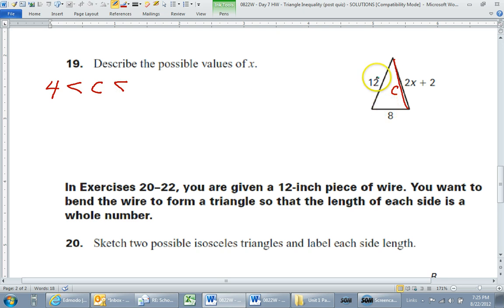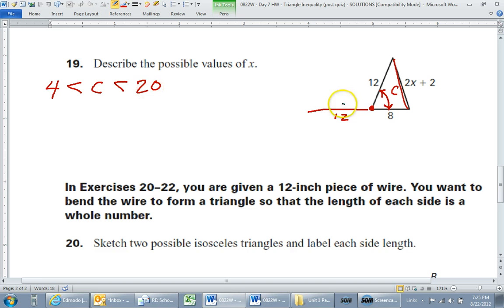For the upper limit, I would add these, because this is like the hinge right here. So imagine opening and closing this. If I closed it, it would make a difference of 4. If I opened it wide open, if this 12 was stretched out like this instead, I'd have 8 plus 12, so that's 20.